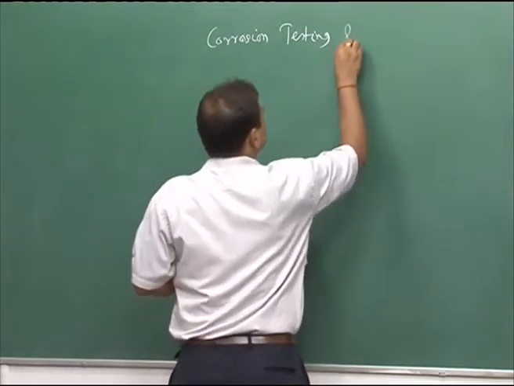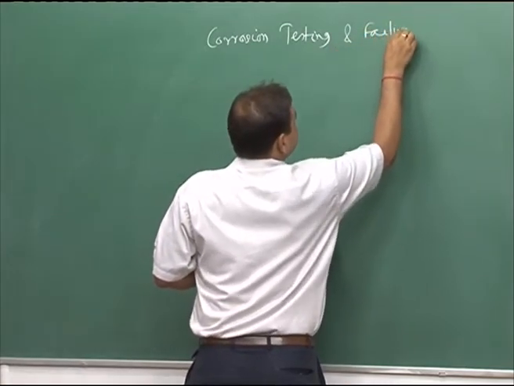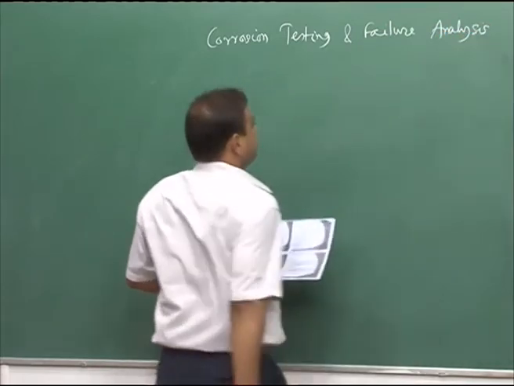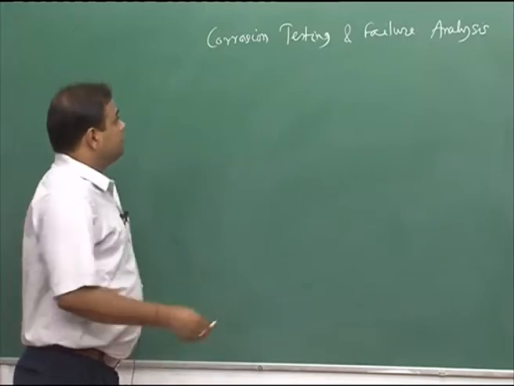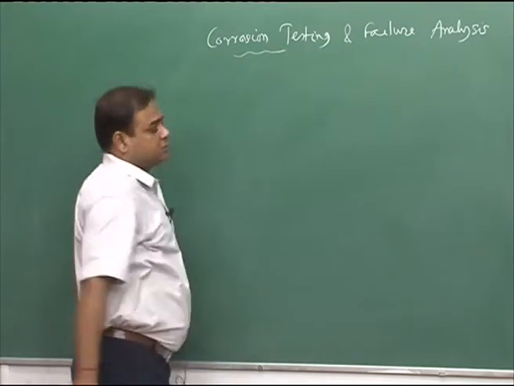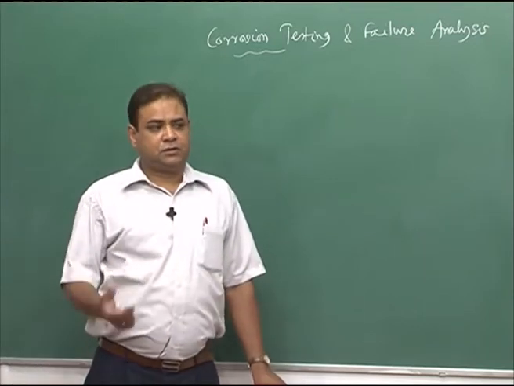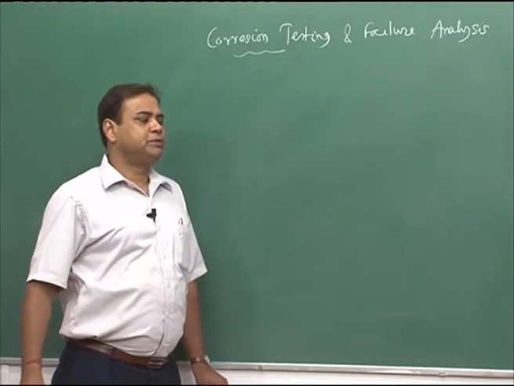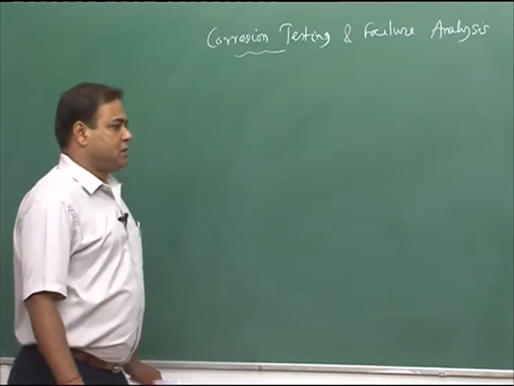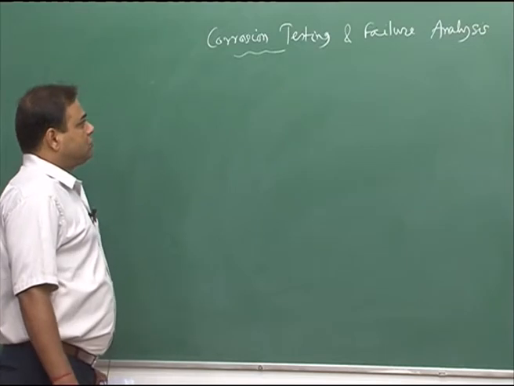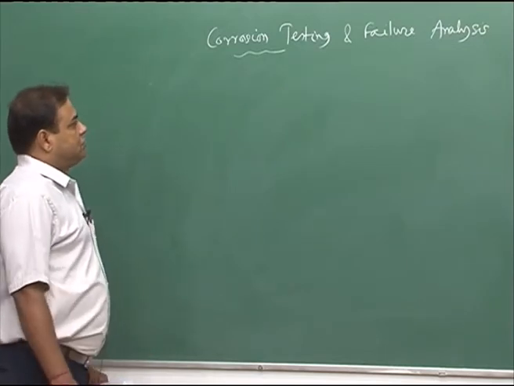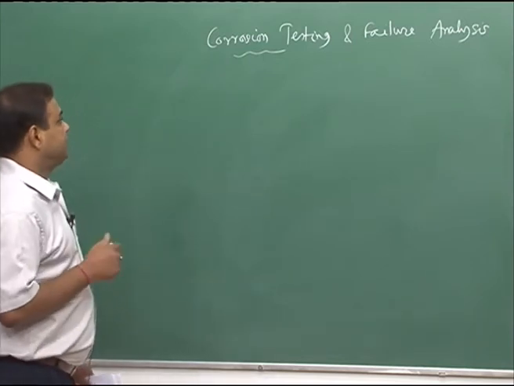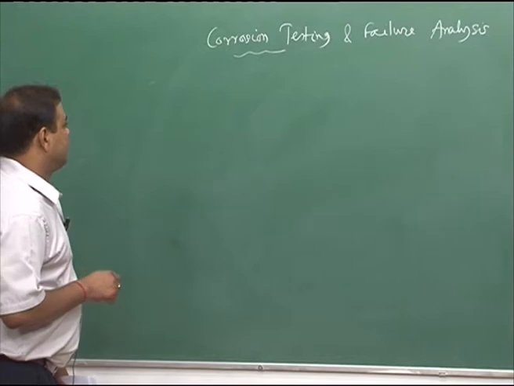In order to measure the corrosion rate of a particular metal or alloy, we need to know how we would perform the corrosion test. But before that, we need to know the purpose, why we want to go for corrosion testing for a particular metal or alloy.